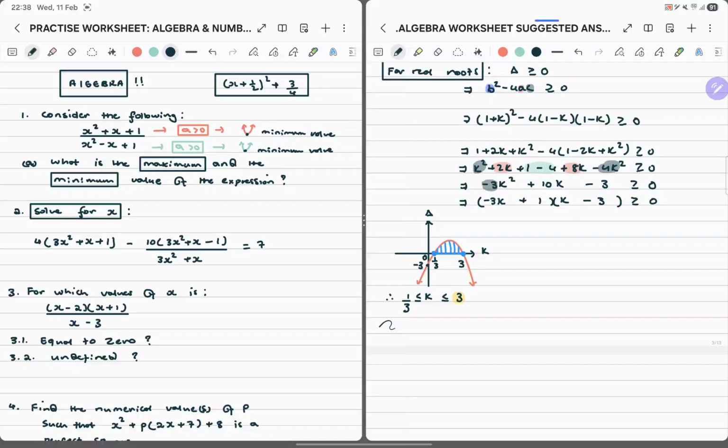Right, so we can say therefore the maximum value of the expression is equal to 3. Nice and easy.